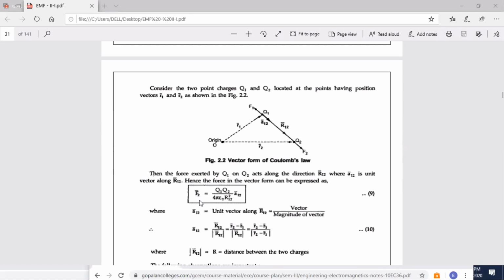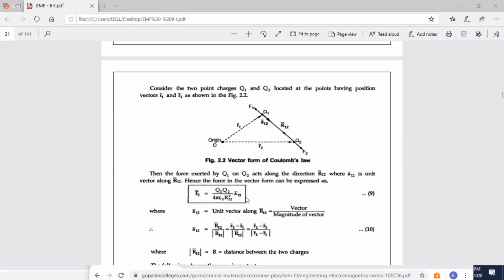F2, which is the force on Q2 due to Q1, is the magnitude of Q1 Q2 over 4 pi epsilon times the square of the vector between 1 and 2 times the unit vector.